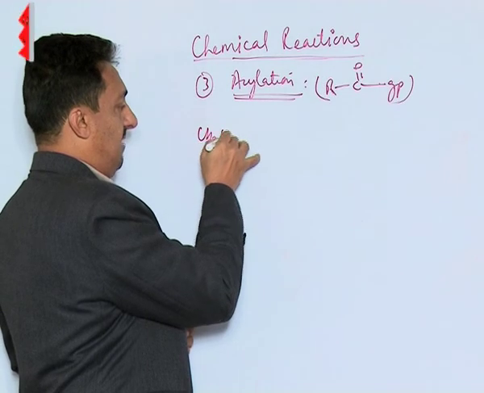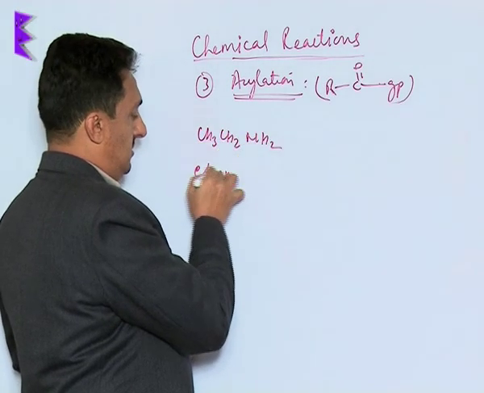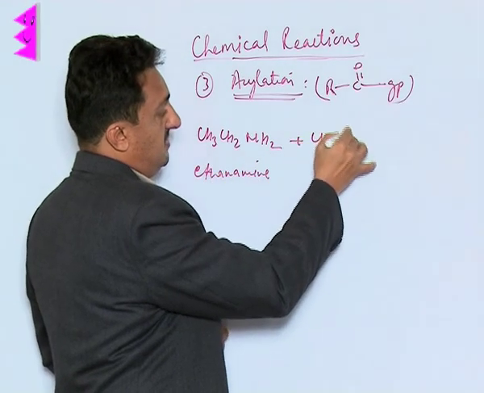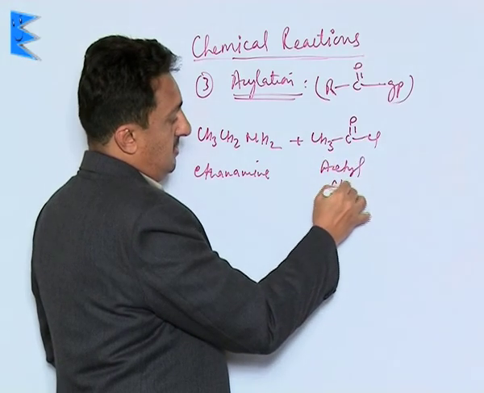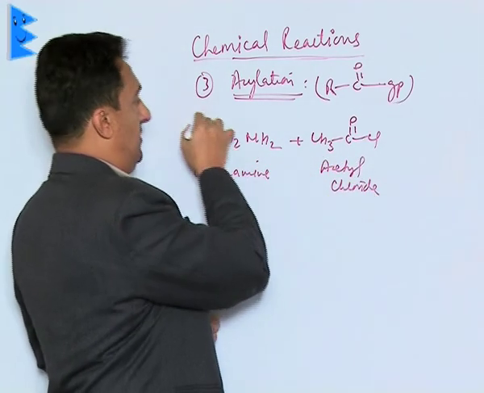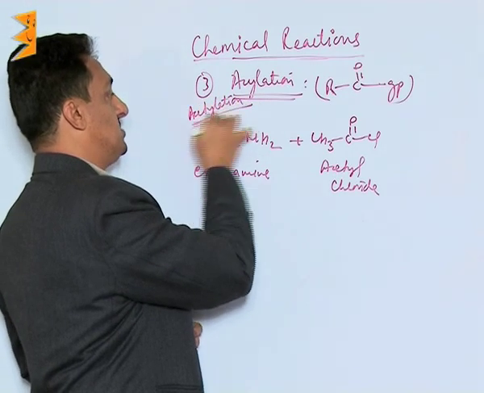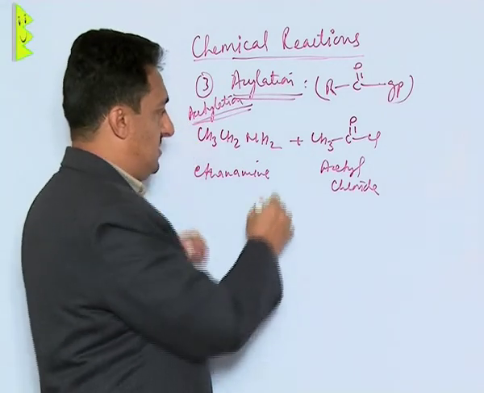Let us see, we have ethanamine reacted with acetyl chloride. Therefore, we call this acetylation, because now we know which acyl group we are introducing.